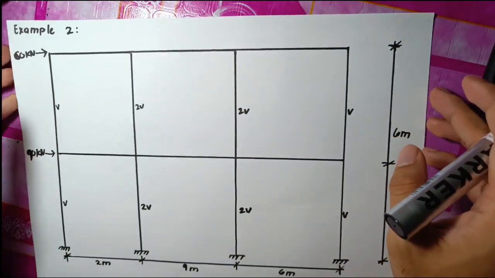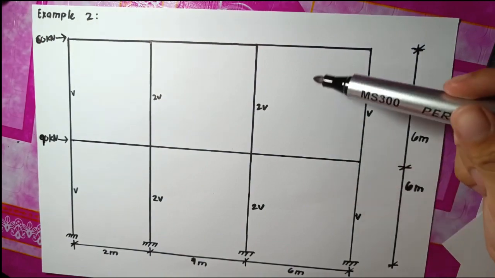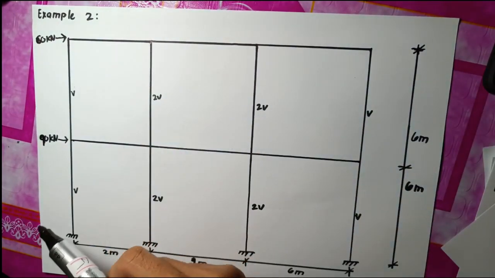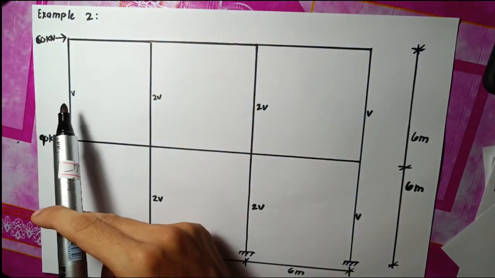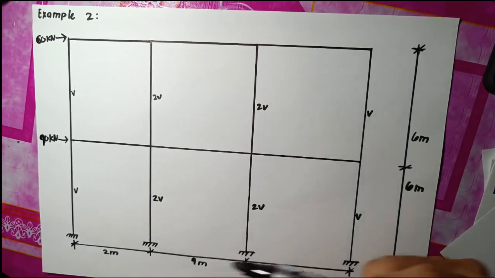So in this next example, it is a 2-story building. I put the horizontal load and the shears, the height and the width.